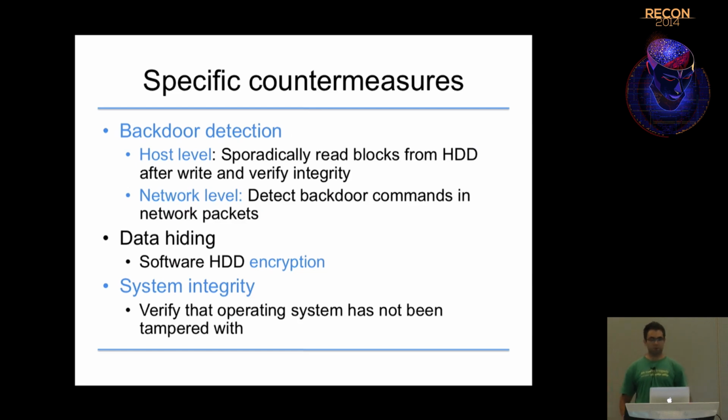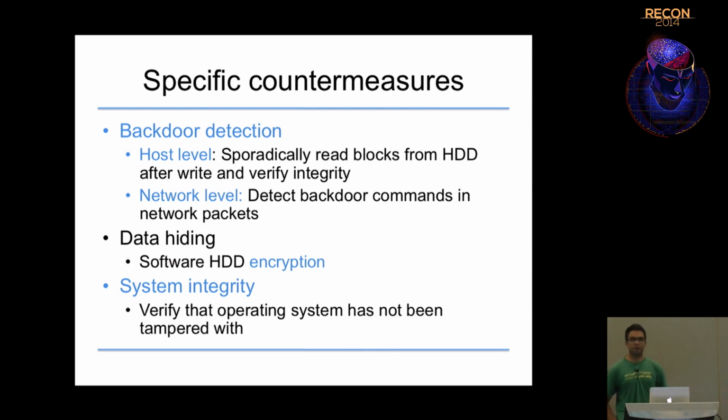Specific things you can do against a hard drive backdoor include host level detection. You could, for example, sporadically read blocks again once you wrote them to the hard drive to check that they're still the same. I think this is one of the features that is also in BTRFS, so future file systems might protect you against such modifications.